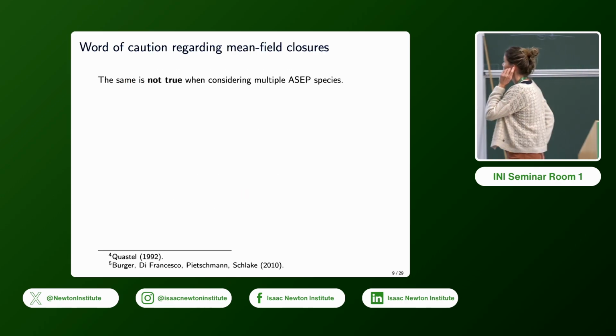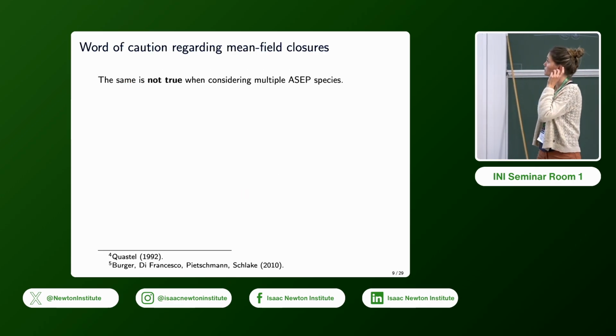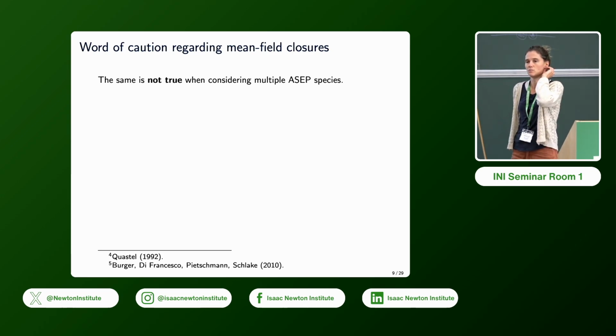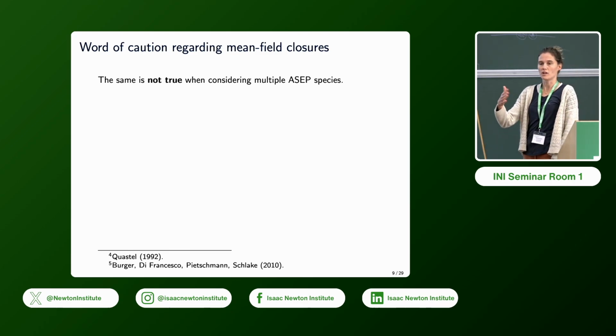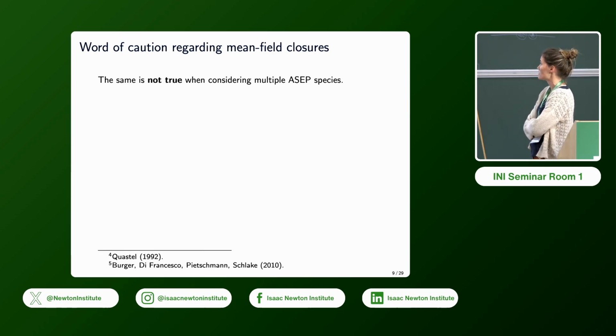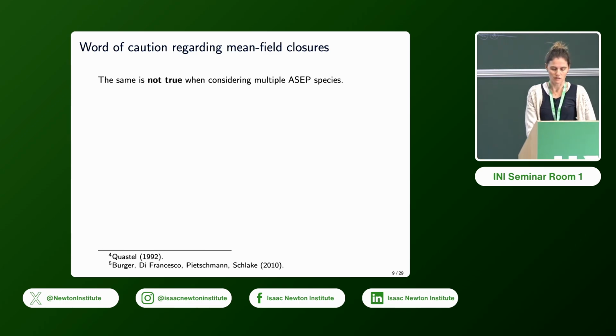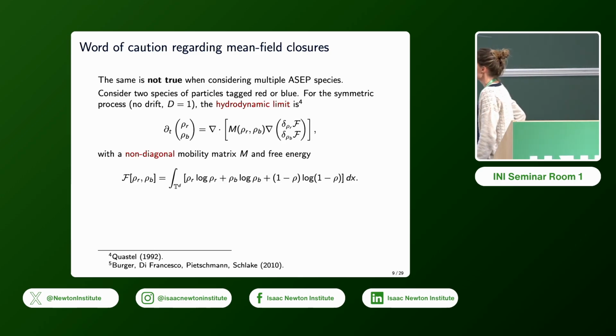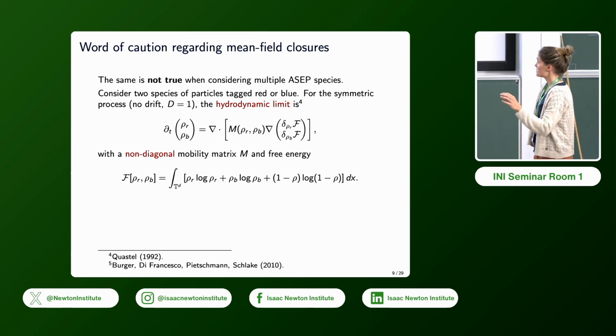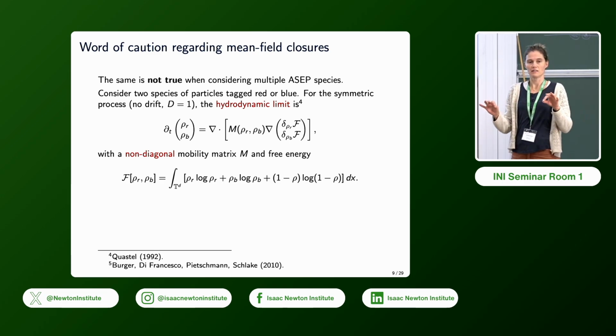So this is a slight detour, but if you have these exclusion processes, especially when you have multiple species, or if you introduce angles, as we'll do in the second part of the talk, it is not true that if you do this mean field closure, you'll get the right result. The simplest case to see this is if you consider two species of particles that are physically identical, but you tag them, you color them either blue or red.